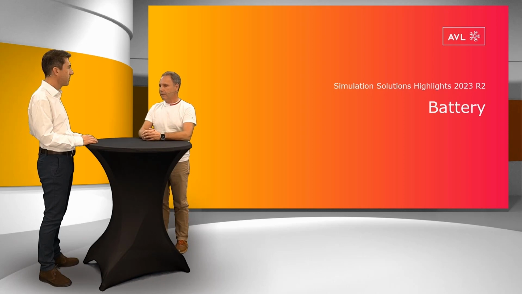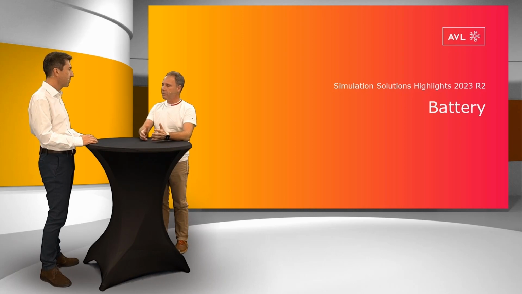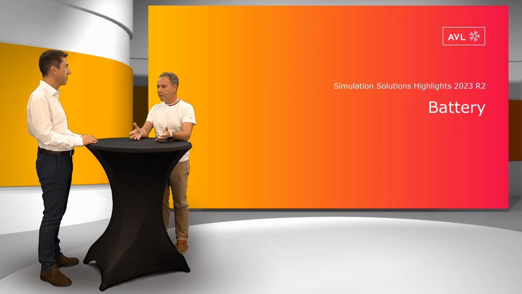There are models like SEI layer growth, lithium plating, and also, with the last release, electrolyte evaporation, which are the starting points of thermal runaway processes. So all those things have been added already.